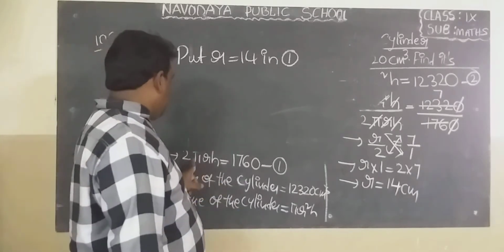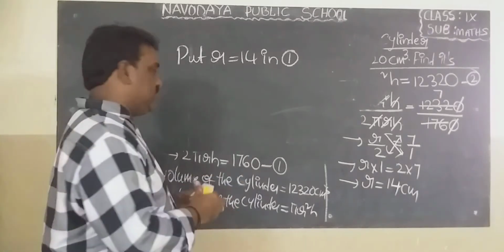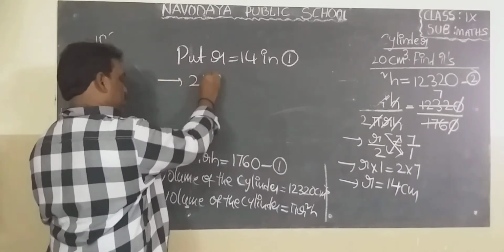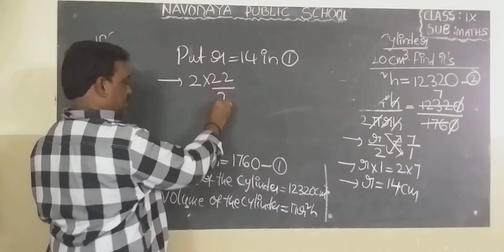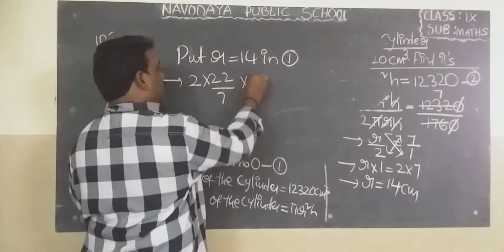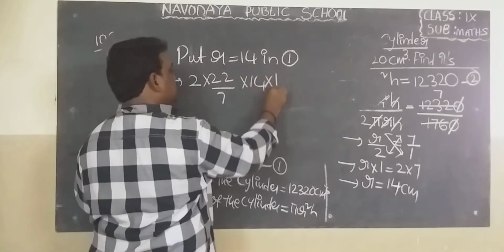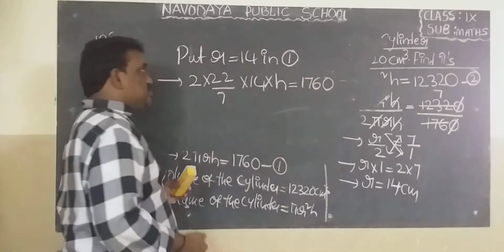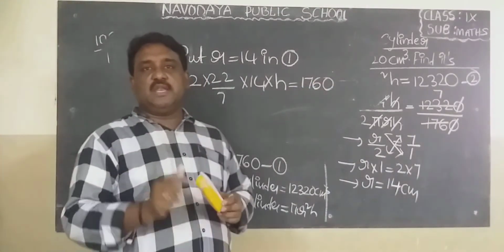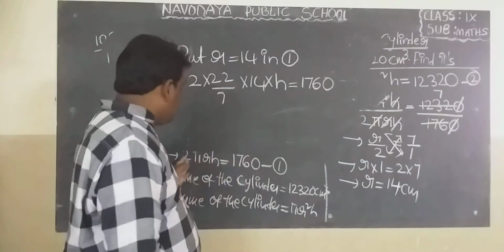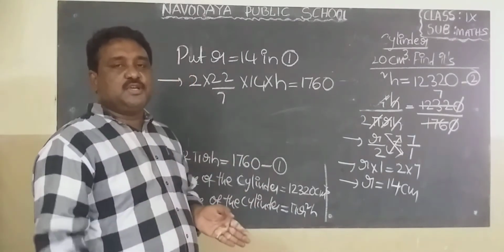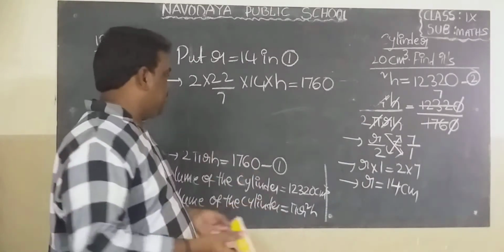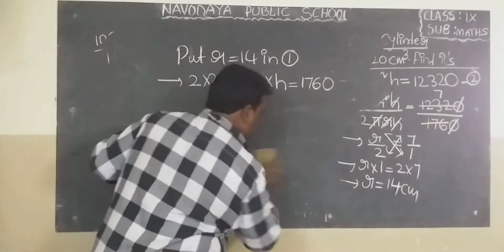Put r equals 14 in equation 1. 2 pi r h is 2 into 22 by 7 into 14 into h equals 1760.